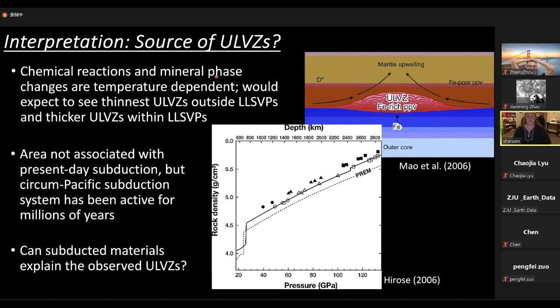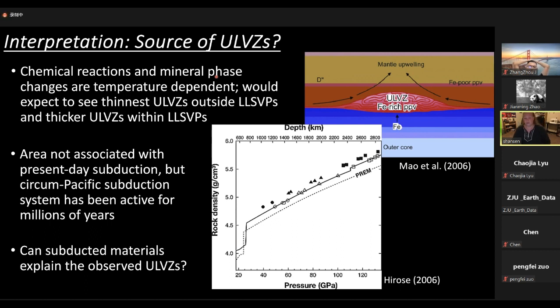And so if this was the sole origin of ULVZs, we would expect to see the thinnest ULVZs outside those large low shear velocity provinces where the temperatures are cooler, and then the thickest ULVZs within those larger scale anomalies where the temperatures are thought to be much higher. But this kind of thickness pattern isn't observed with ULVZs across the planet.